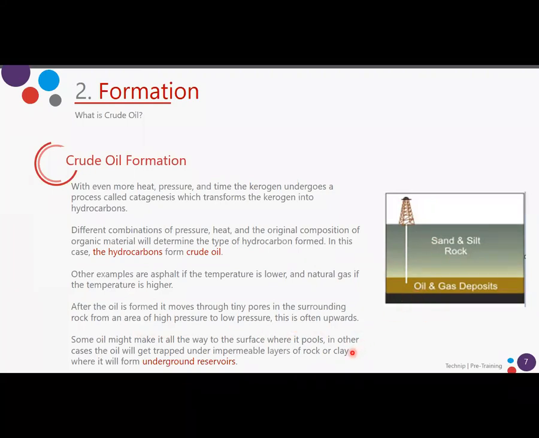But in other cases, the oil will get trapped under impermeable layers of rock or clay, where it will form the underground reservoir. All the oil can get trapped in underground reservoirs.